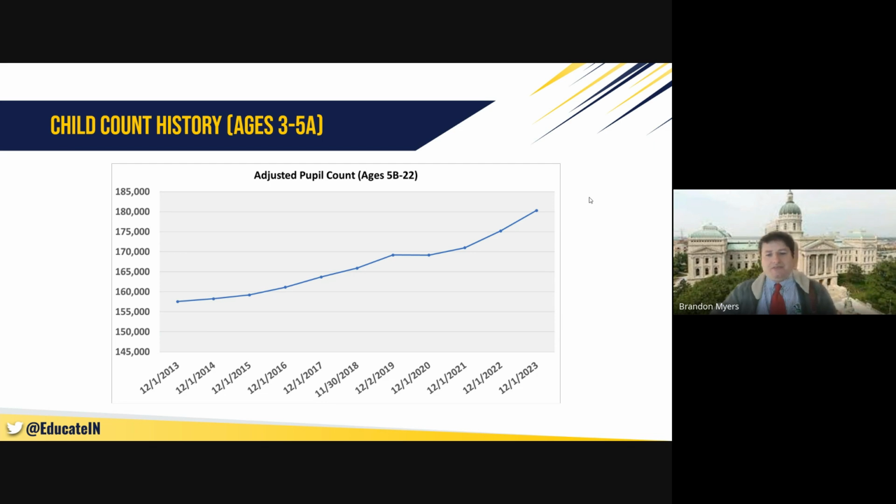Okay, so the history of the child count, it has been going up, and you'll see that reflected in our identification rate fairly steadily. This goes back 10 years. We had slow rates of increase in the period when I started in 2016, and we started to see a little bit of an increase. You see the flattening year.